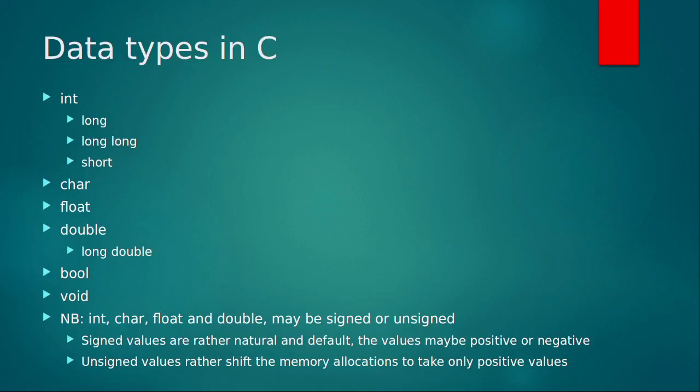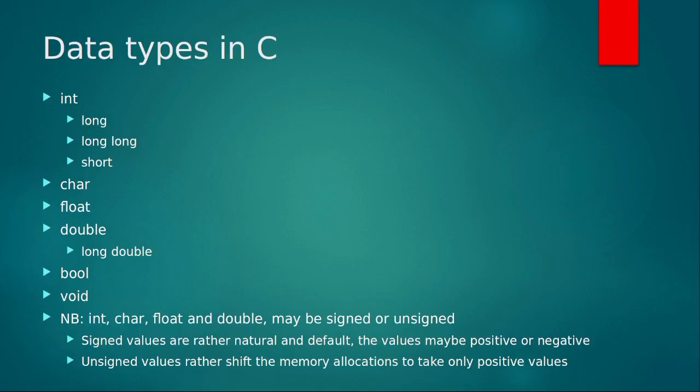So other data types, floats are floating point values. Those are fractional values, for example, 1.2, 0.4. Doubles are also floating point values, but they have larger memory allocations than float.